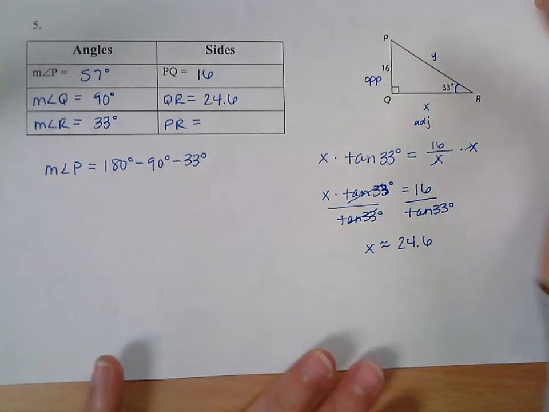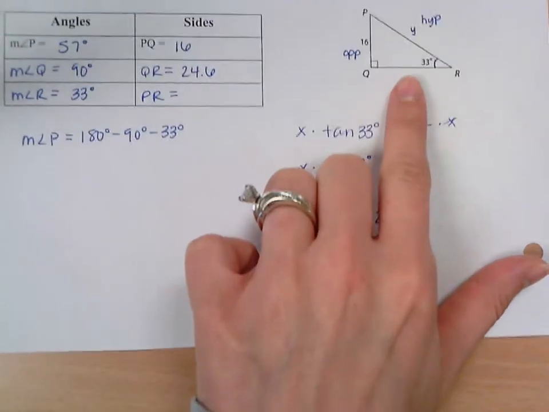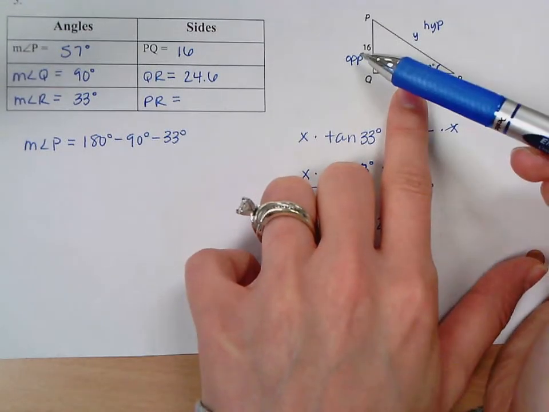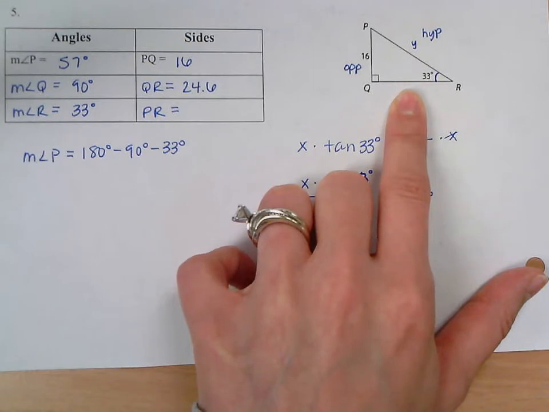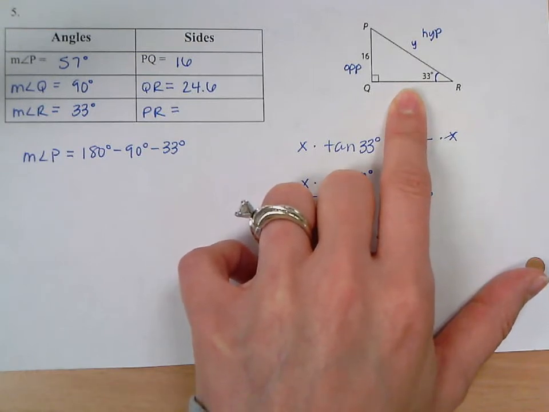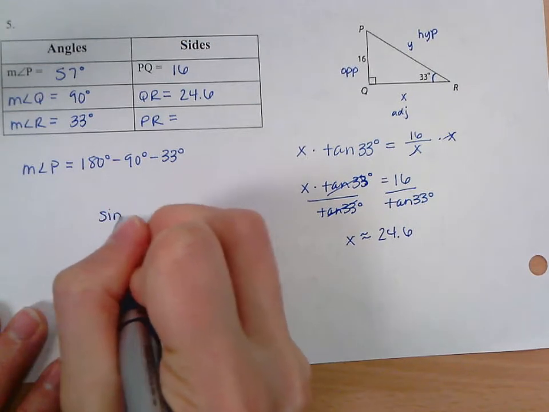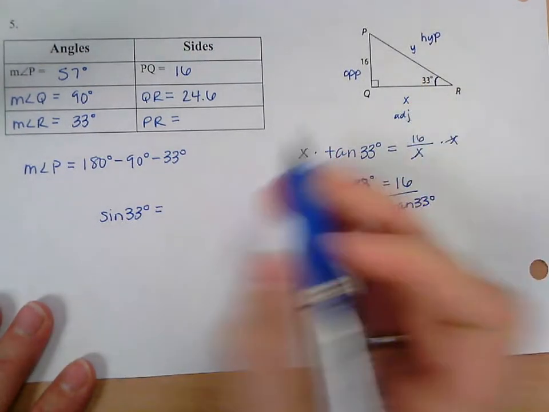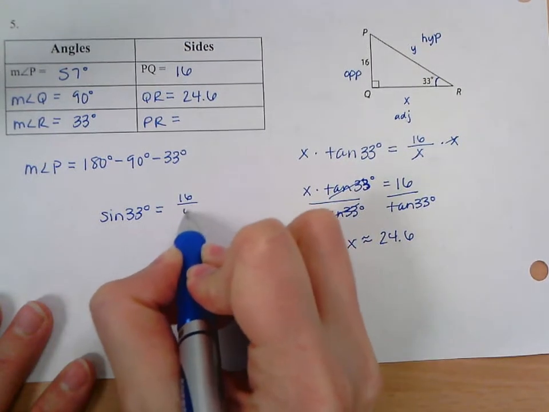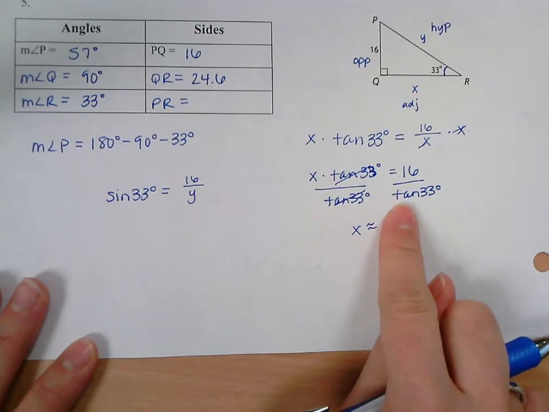So y is my hypotenuse. So I'm going to cover up the x. If I know the opposite and I'm trying to find the hypotenuse, opposite and hypotenuse, which trig function am I using? Sine. So I would say sine of 33 degrees equals opposite over hypotenuse, so 16 over y. And then I have to solve this very similar to what I did for x.